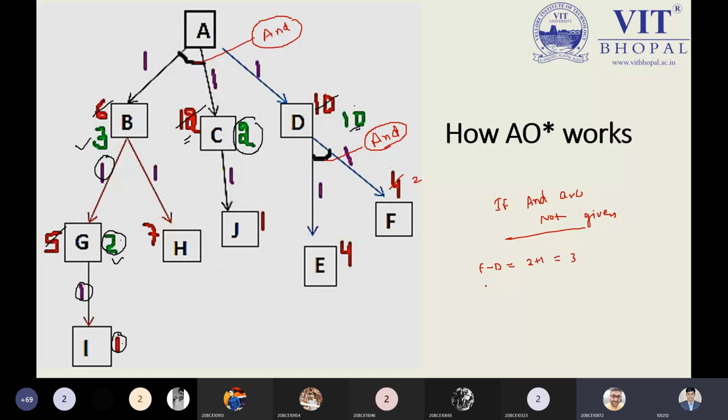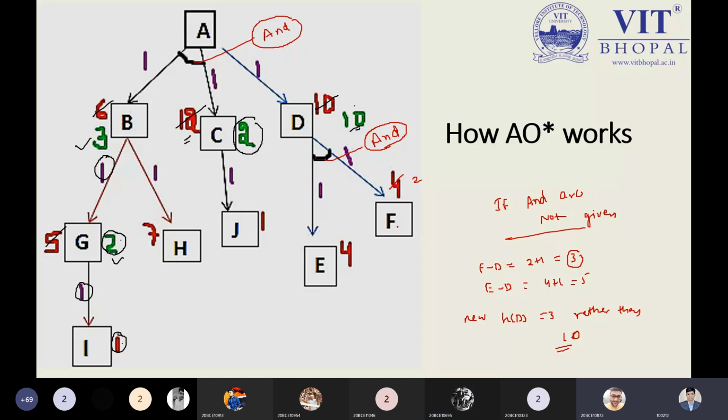And E to D, we are getting 4 plus 1, that is 5. So 3 is lesser than 5. So the new heuristic value of D will be 3 rather than 10. That is updated.